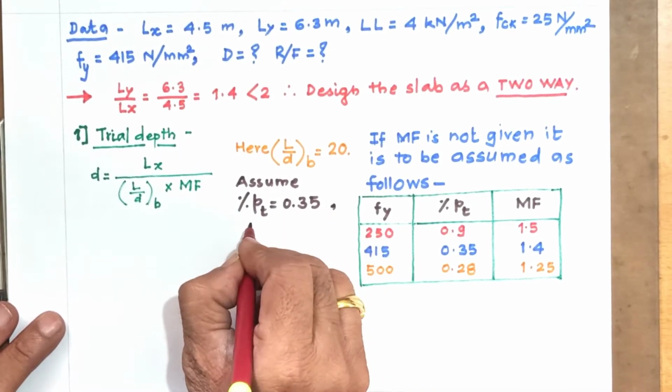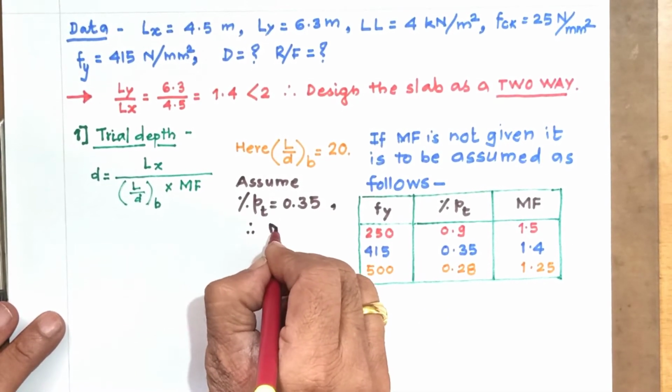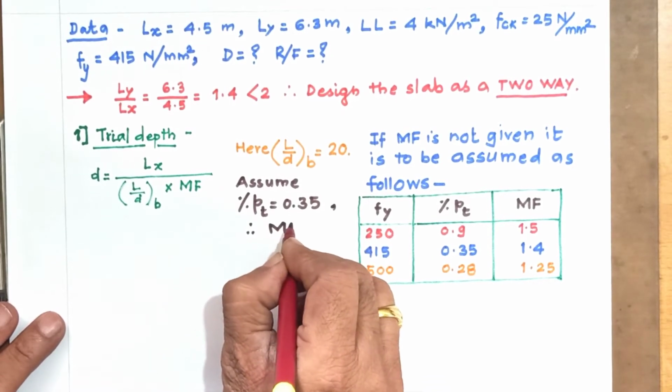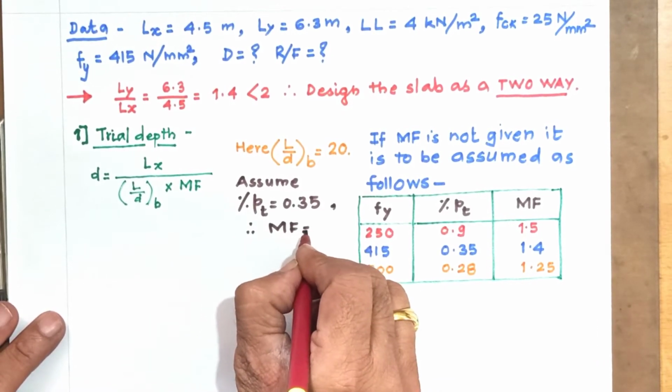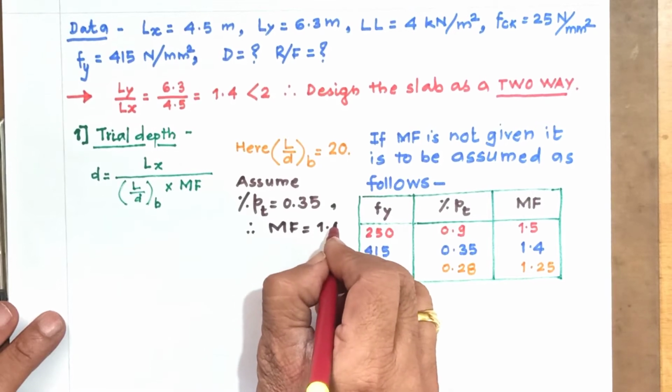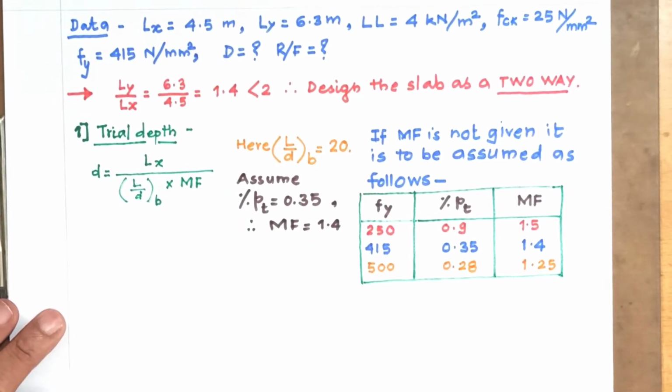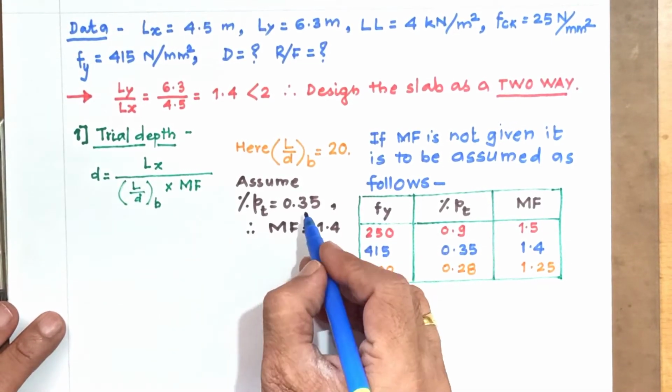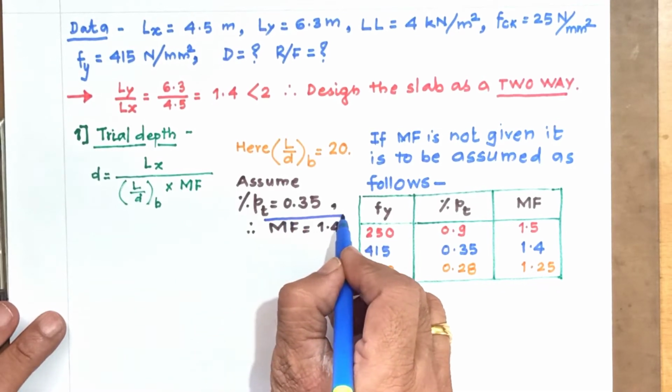Therefore, what should be the value of modification factor? It is to be taken as 1.4. Okay? So this we have assumed.